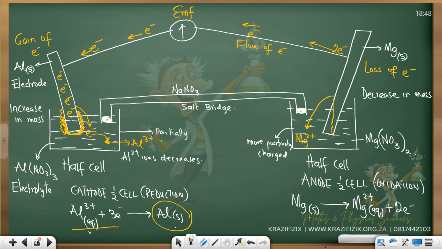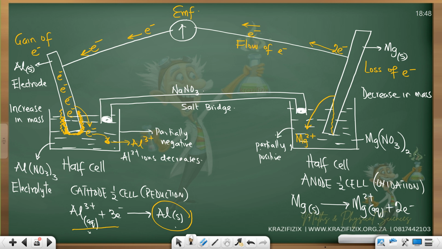And this side becomes partially negative. Does that make sense? Let me write partially positive here. Why is it becoming partially positive? We are losing electrons and we are having Mg2+. On the other side, what's happening?